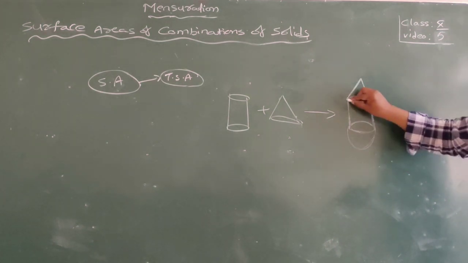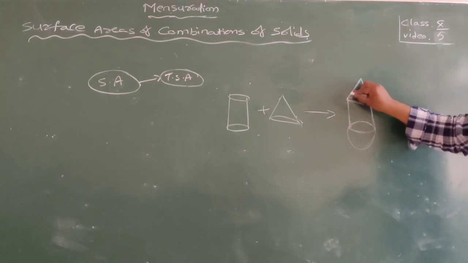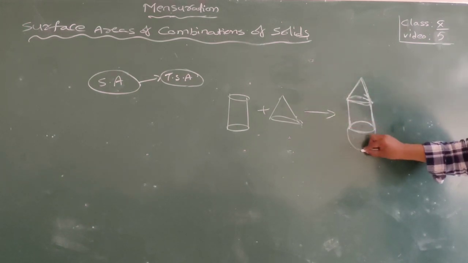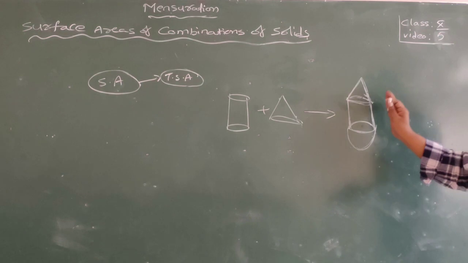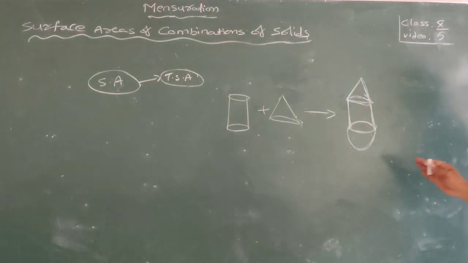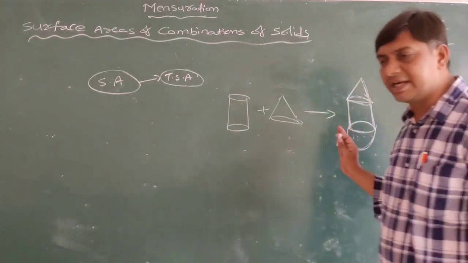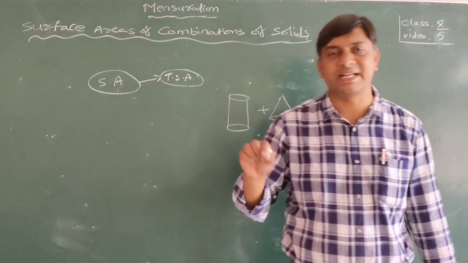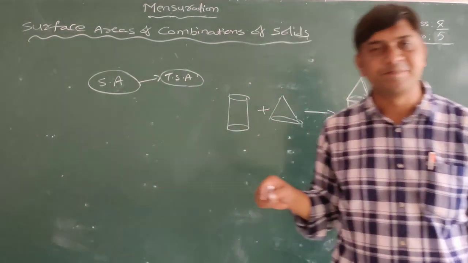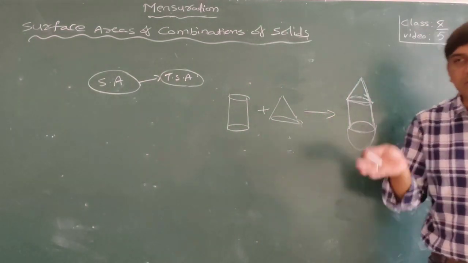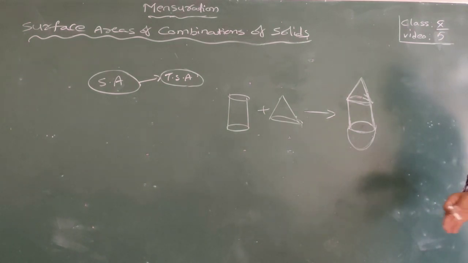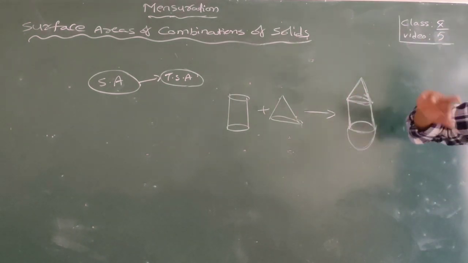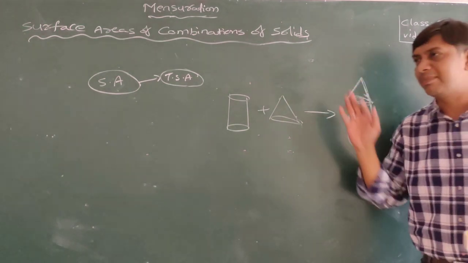So the CSA of the cylinder, the CSA of the cone and the CSA of the hemisphere, you add, and you will get the TSA of the whole solid. Be careful: though they ask for total surface area, in combinations of solids, whatever common area is shared between the two solids, we have to eliminate.